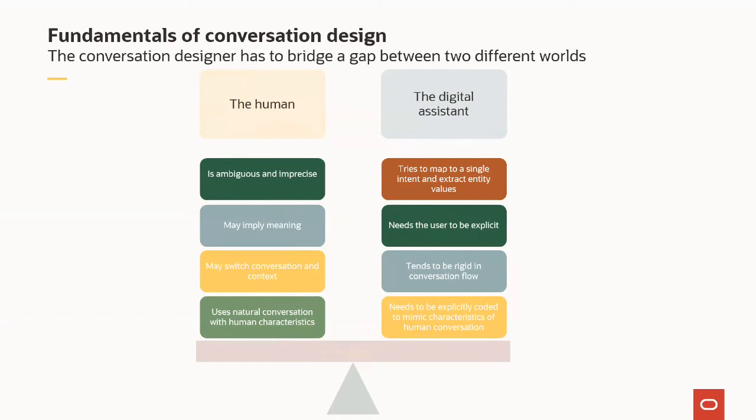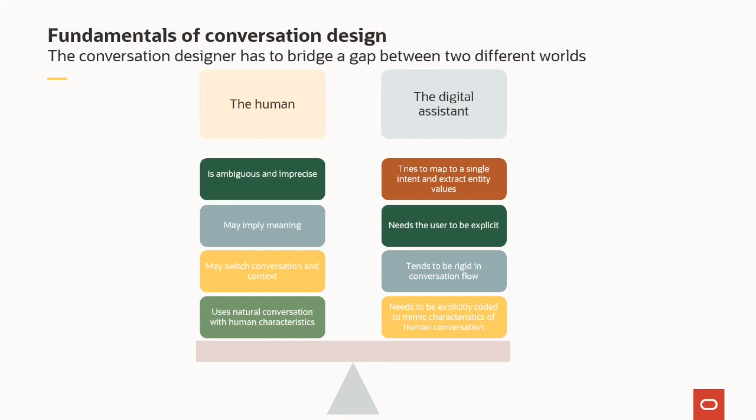So users are not always saying exactly what they want. They may jump around conversational context, or ask a different question than you might be expecting. And of course, that is slightly at odds with the digital assistant, which is trying to be very precise. You're defining intents which are quite rigid, and you're expecting some very definitive guidance from the user.